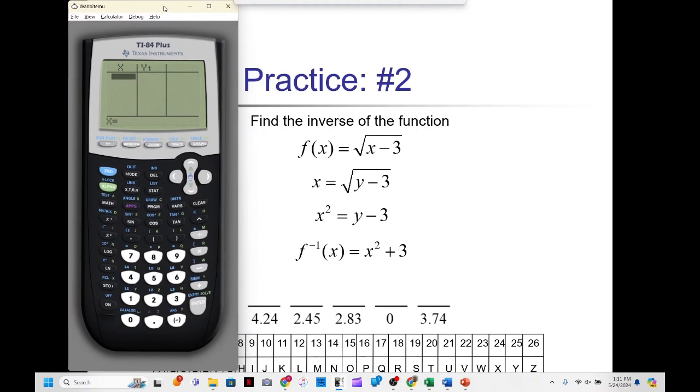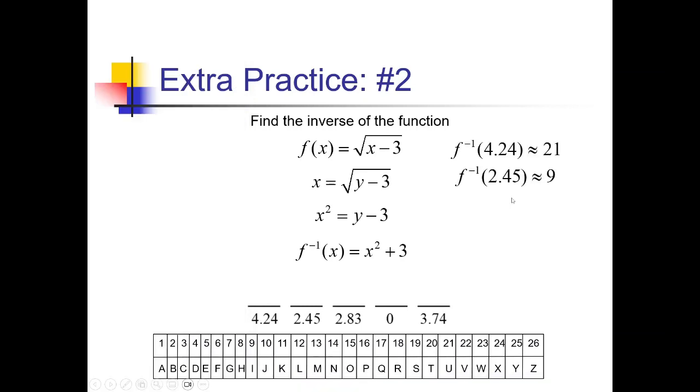It looks like we've got 4.24, which comes out to about 21 if I round it off, and I have to round off for some of these. 2.45 is about 9. 2.83 is roughly 11. 0 comes out to exactly 3. And 3.74 we've got 17. So 21, 9, 11, 3, and 17. There they are. Okay, so going down here now, 21 matches up with U.